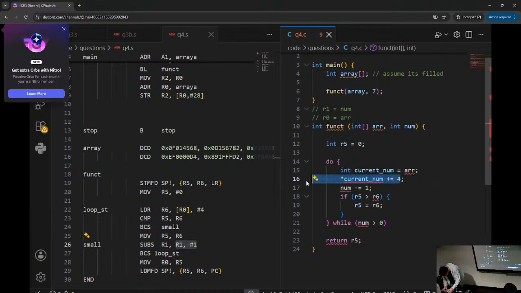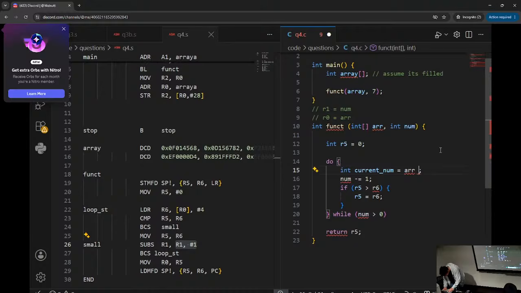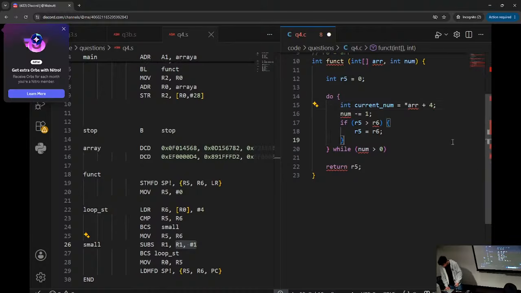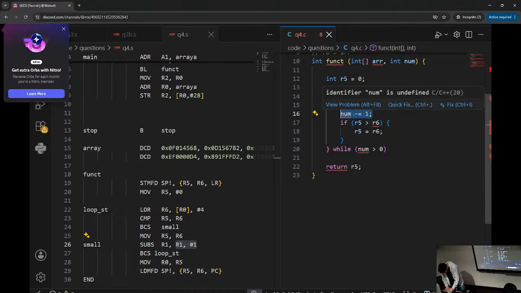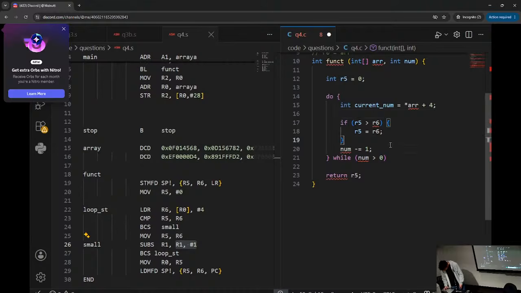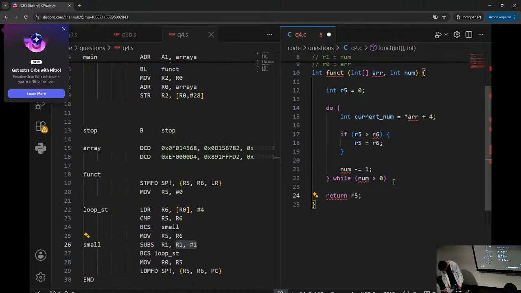And in C, we can actually just compress this into something like that. And that should work, sorry. And then what we have next is, we can just move this num over here just to make it clear. And I think that should look a bit better.